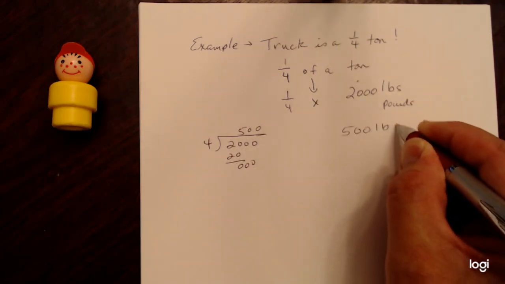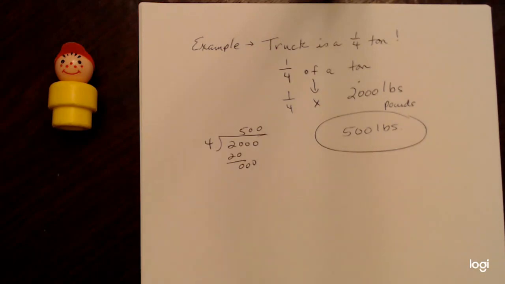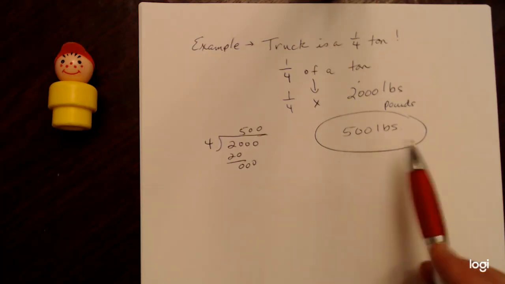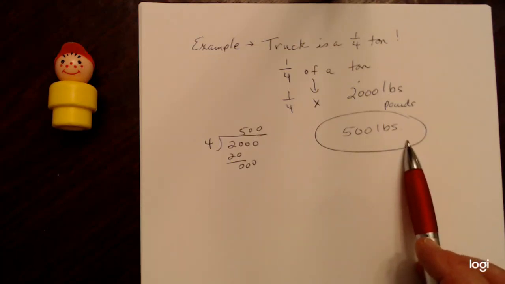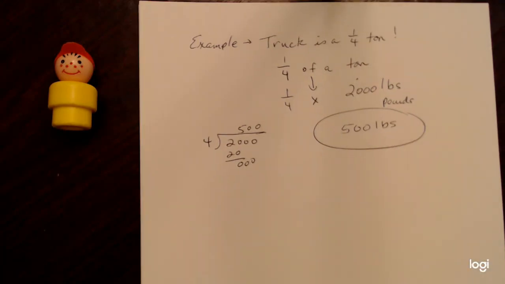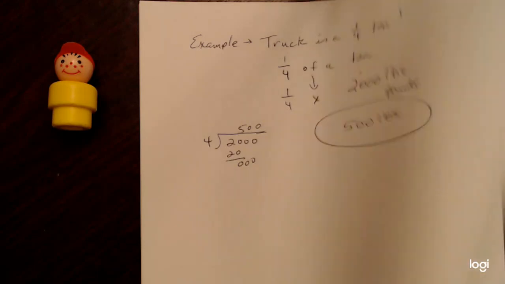So my truck can only carry 500 pounds in its bed. Now, can you carry a little bit more? Absolutely, but by rule, it can only carry 1/4 of a ton, which is 500 pounds. Okay?